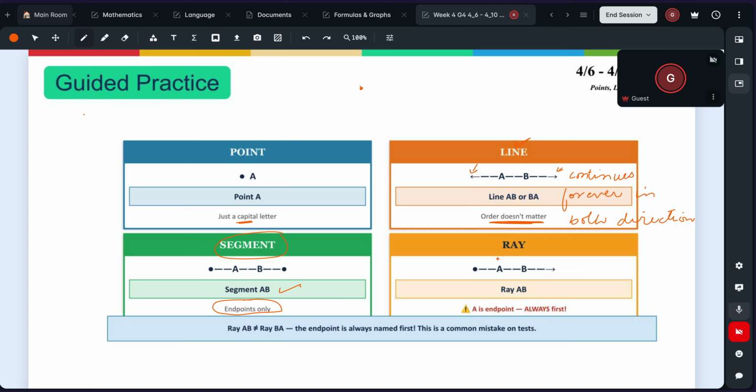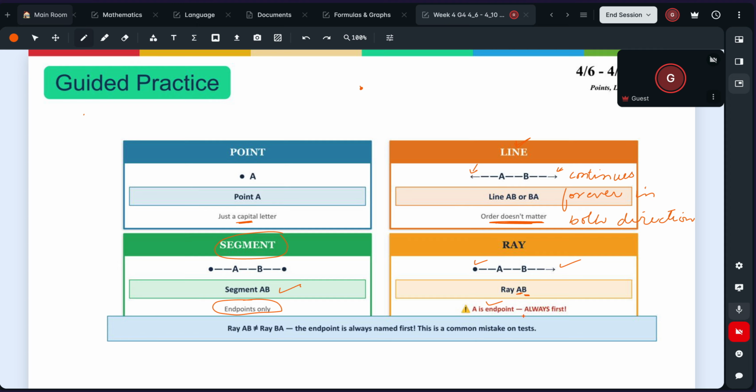Right? The last is ray. A ray has one endpoint, and from one direction it continues forever. So one endpoint, and from one side it continues forever. And there is a specific order. For example, you can see here we have to write the point that is the endpoint first. So ray AB.